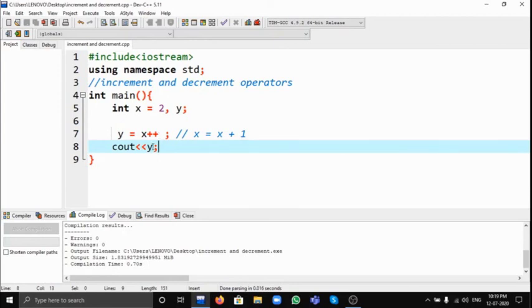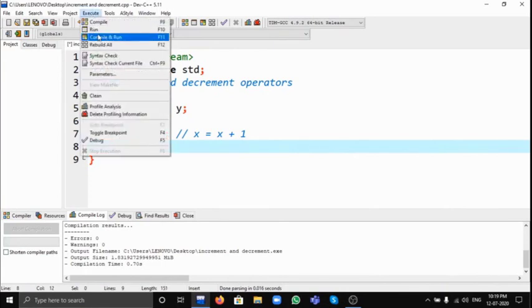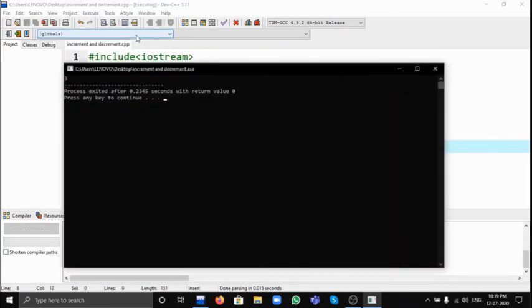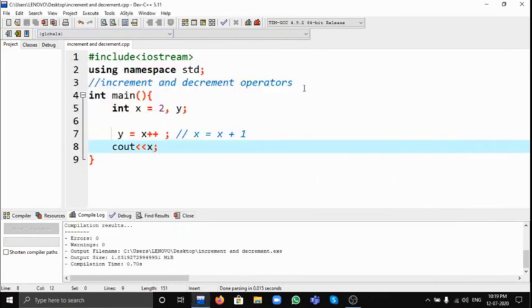So if I print x here, my value will be 3 only. In this, only x is incremented, y is not incremented, because this is known as post-incrementation. This means the value of x is incremented after the initial value gets stored inside y.